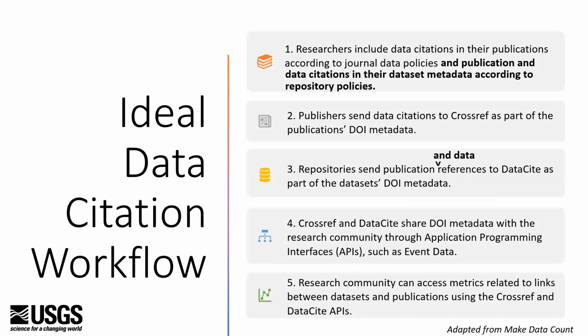As we can see in the ideal data citation workflow, there's a heavy emphasis placed on making connections between data and publications. But I would like to propose that we should also be emphasizing connections among data sets and other research artifacts. Perhaps there are other repositories that are already doing this, but I know at USGS we could be doing a lot more.